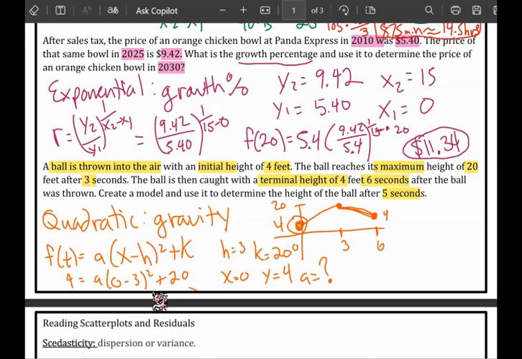Let's rewrite that over here. 4 equals negative 3 squared is 9, 9A plus 20. Subtract 20 from each side. Divide by 9. And so A is going to equal negative 16 over 9.